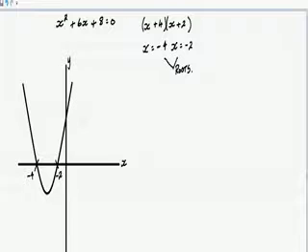Sometimes the graph will come down and just kiss the x-axis, and we'll get one root. So when you solve it, you'll get x equals 3 and x equals 3 because it's only touching at that one point.